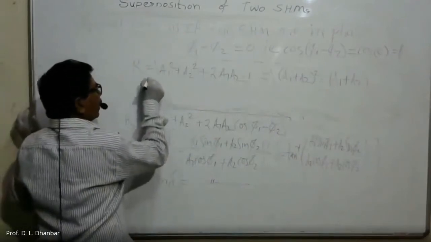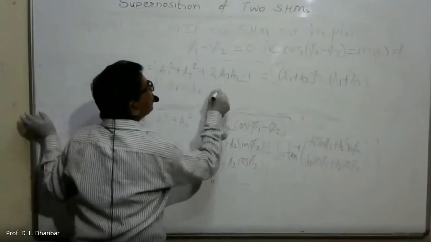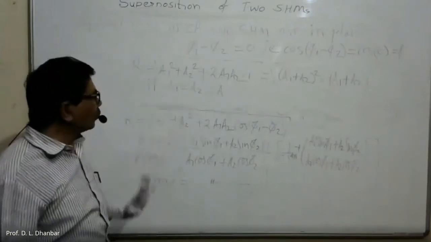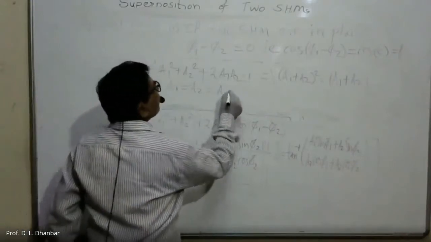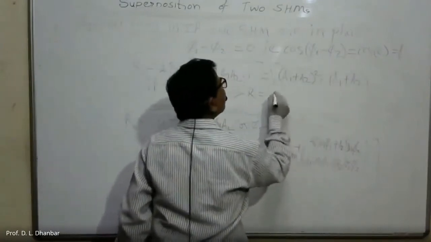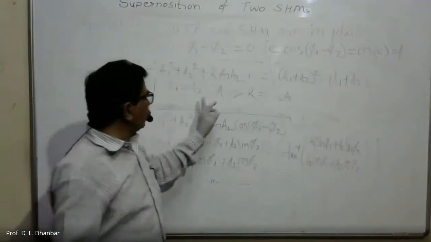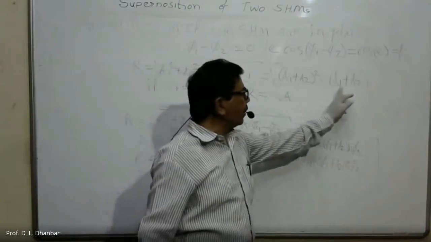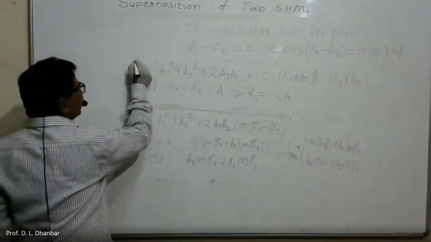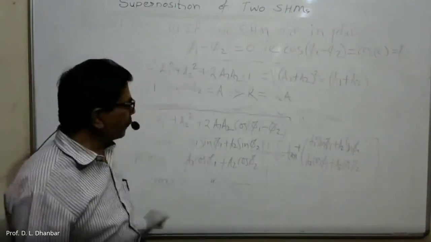So if a1 is equal to a2 is equal to a, meaning both have the same amplitude a, then R is equal to a plus a, which is equal to 2a. So this is the resultant amplitude of the given simple harmonic motion, 2a.